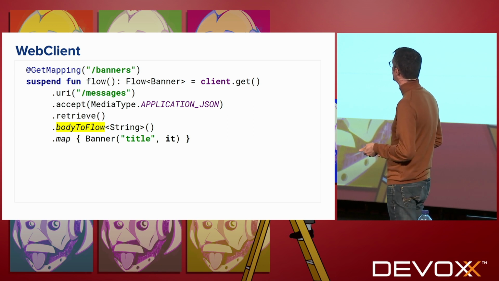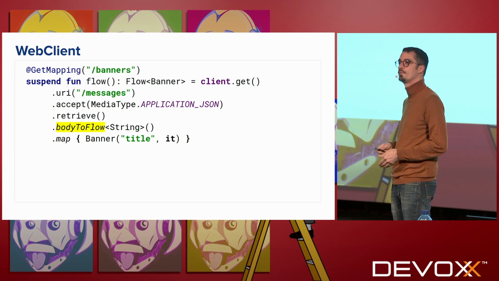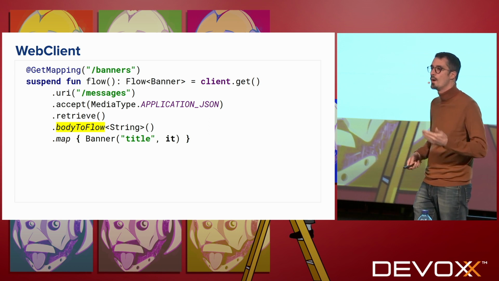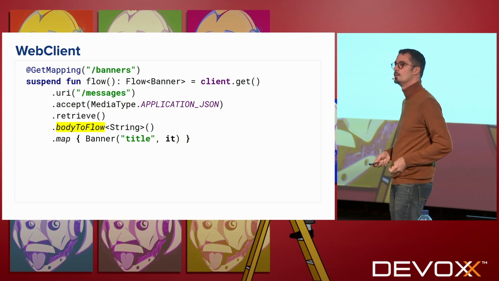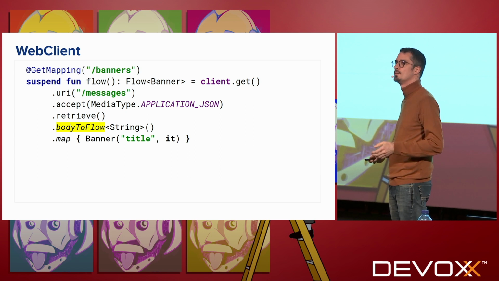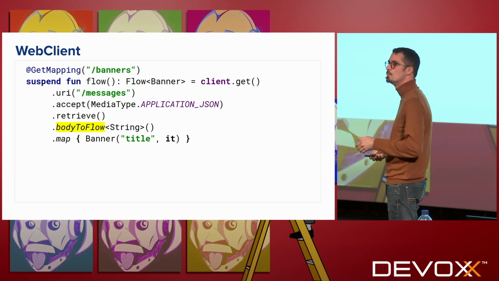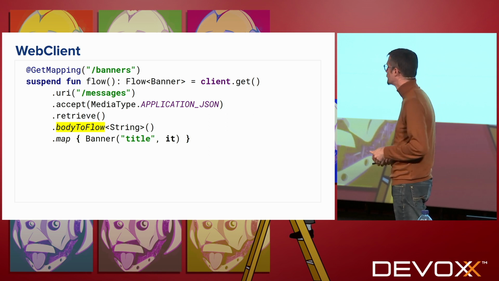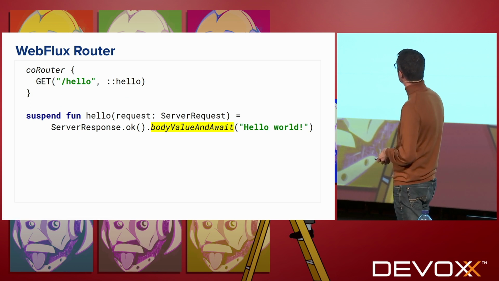In addition to the bodyToFlux method that you have currently, we provide an extension which is bodyToFlow. We also have extensions like await something to provide suspending functions that are the equivalent of bodyToMono, and that allow you to provide seamless coroutine support without introducing new types.